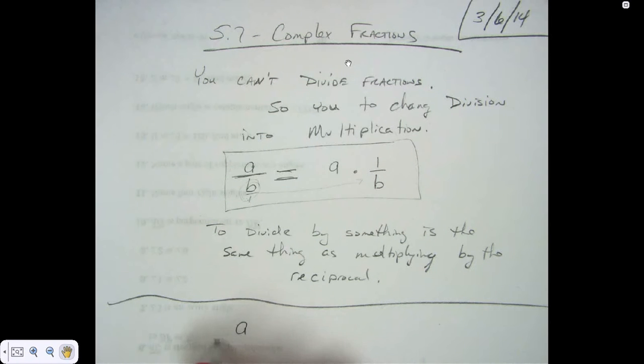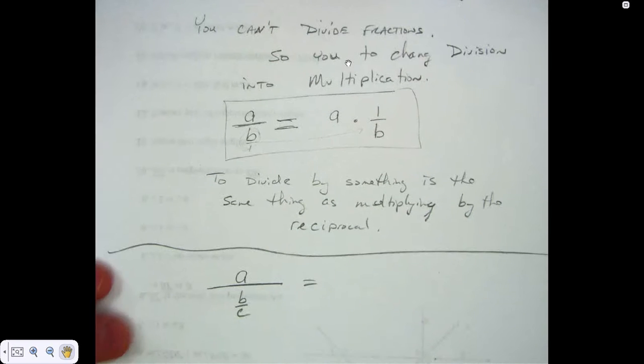So A divided by B over C is the same thing as saying what? Can anybody complete that? I want you to change division into multiplication on your paper, see if you can do it.